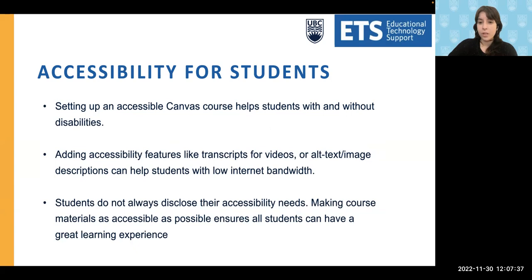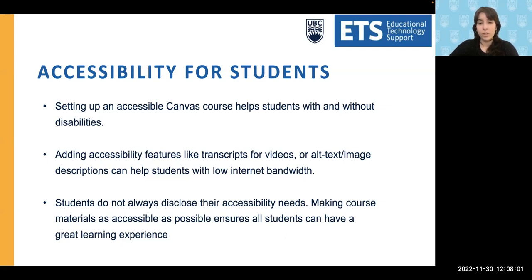You may have students in your course who do not speak English as their first language, who might benefit from something like a transcript. You may have students who are remote, who have internet connections which aren't perfect. So adding those accessibility features, whether it's a transcript, using image descriptions, or providing things in different formats, can really help a broad spectrum of students.